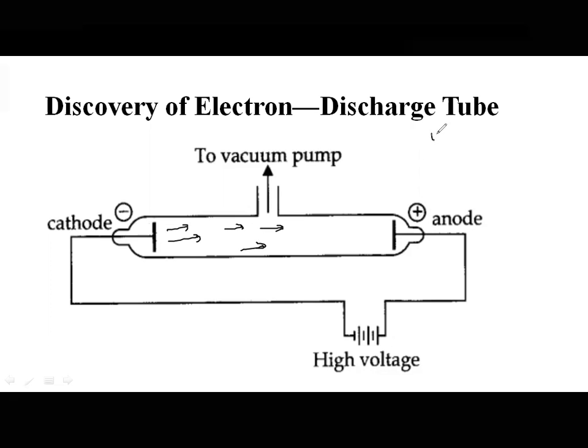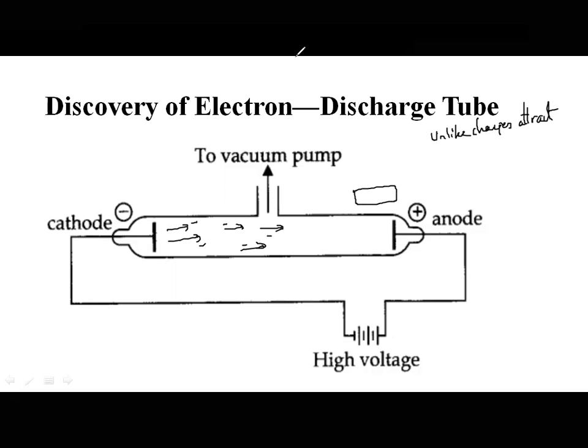Therefore, unlike charges attract, and like charges repel. So unlike charges are attracting, and towards the anode it is getting attracted. That means these particles contain what charge? They contain negative charges.